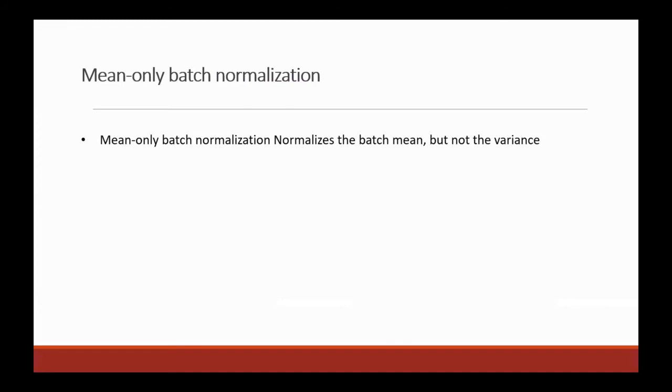The fact is that we can combine weight normalization with batch normalization. I mean, instead of just normalizing the pre-activations for the first layer, we can do it for all the hidden layers as well. But in this paper, they propose a better approach with less computational overhead, which they named mean-only batch normalization. In this approach, we subtract the mean from the pre-activation, as you can see here, but we don't divide it by the standard deviation of the mini batch.